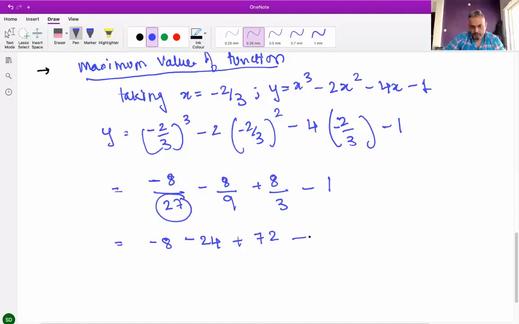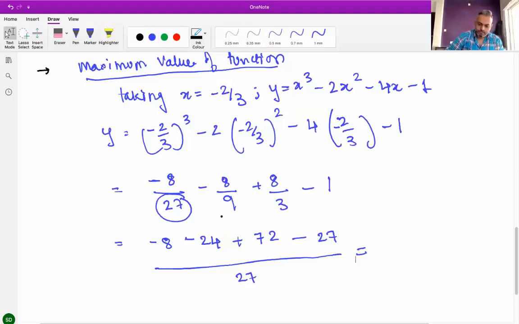Minus 27 ones are 27 upon 27, which is equal to 13 upon 27.